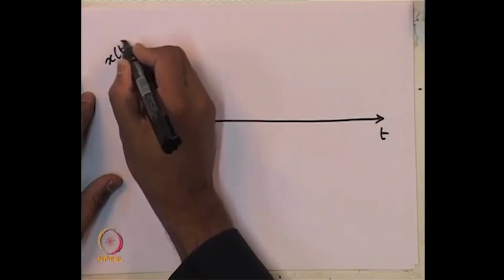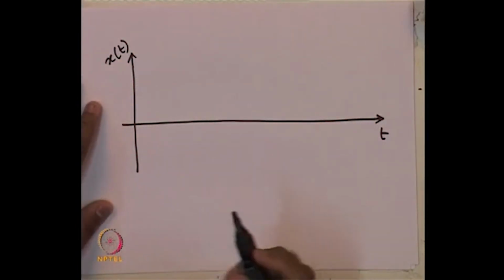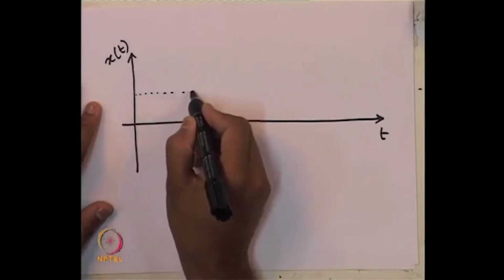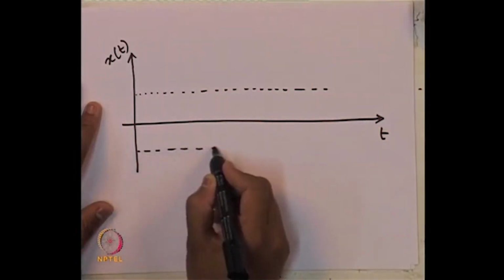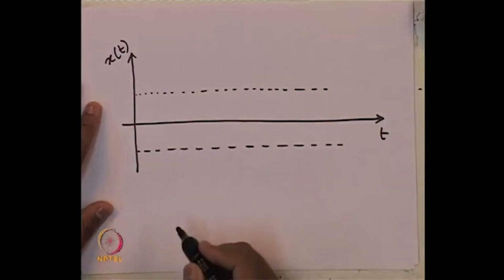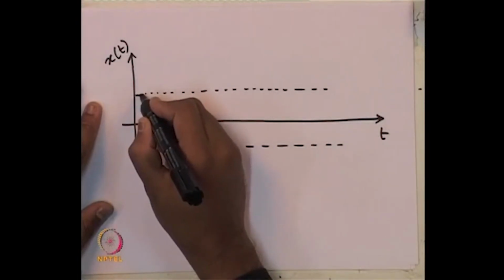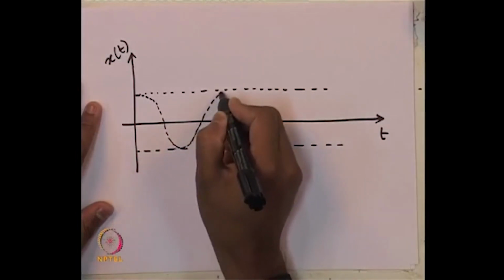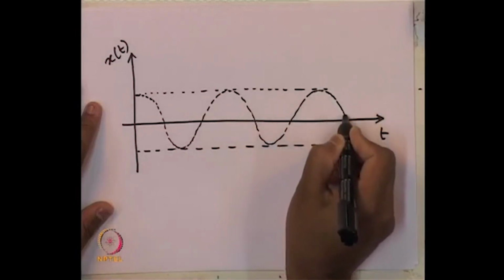I am now plotting the total response x of t. Let me first draw some dotted line with constant amplitude, and then let me draw this curve, that is the particular integral part.